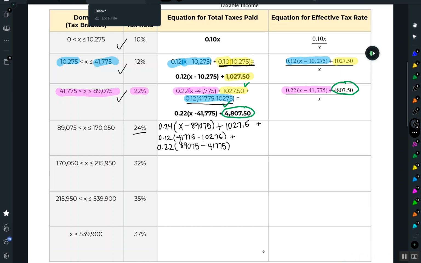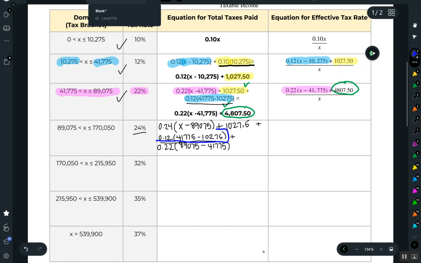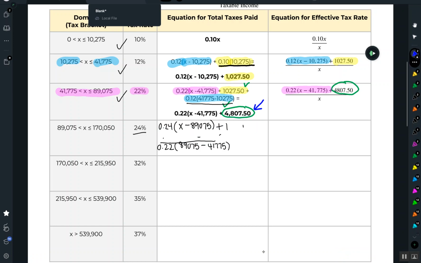Actually, there's an easier way to do this here. I already know what this plus this is. It's this number right here. They calculated it for me. So I'm just going to write that number, 4807.50, but I still need to calculate the 22% bracket.